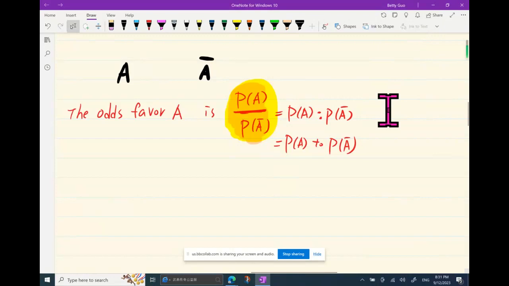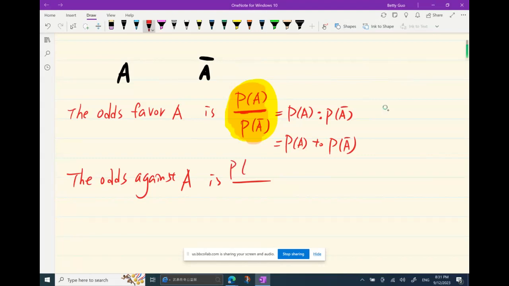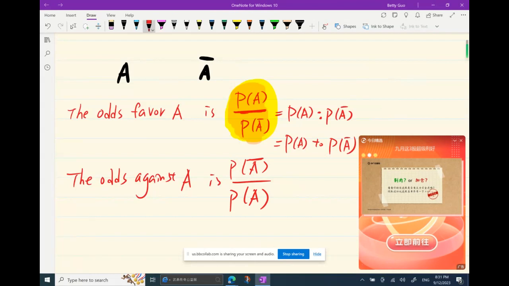The other definition, the odds against A occurring, is the reciprocal: P of A bar on the top, P of A on the bottom. The important thing I want to explain is that odds is different from probability.